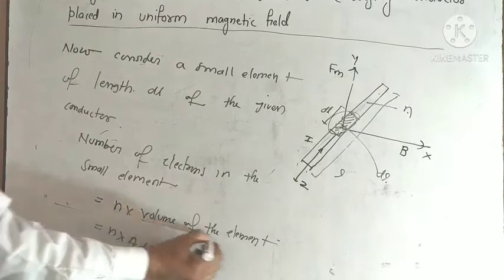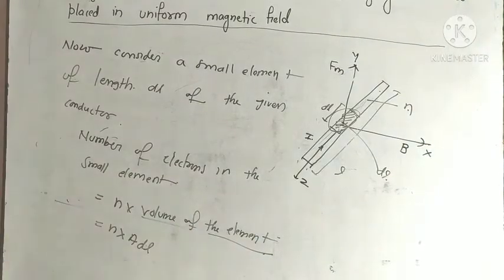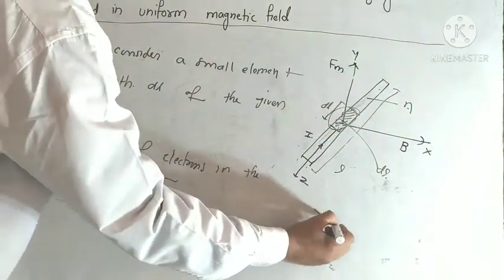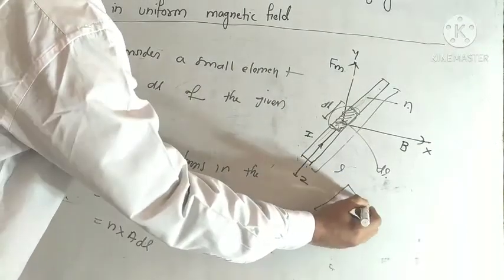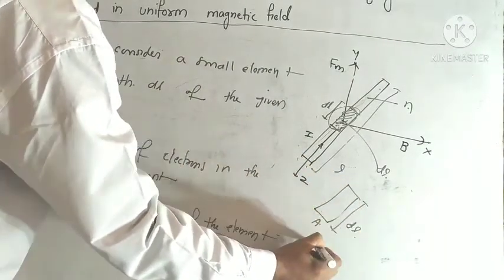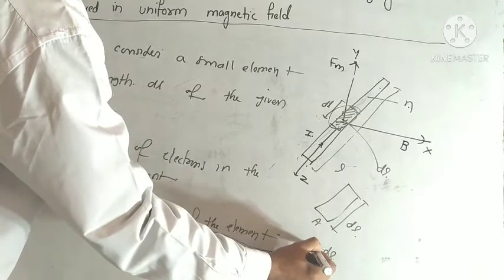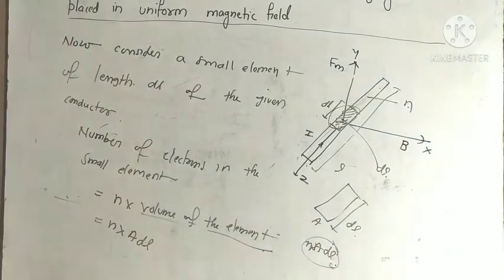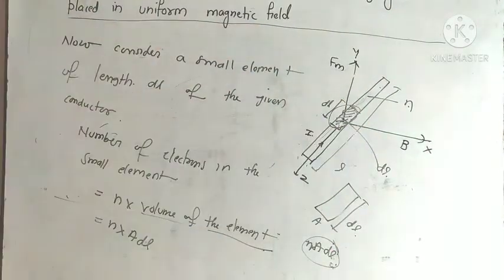Okay, volume is area into length. Cross sectional area and this length dl give the volume, and we multiply by n. So in total we find out the number of electrons present in this small element.